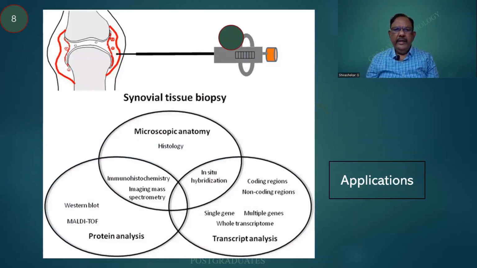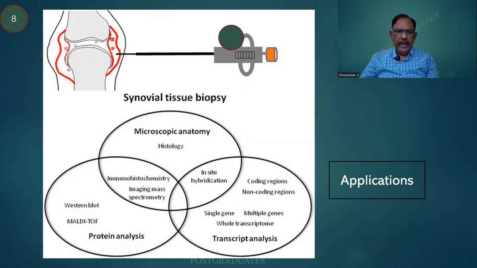This particular slide is of paramount importance, indicating the applications of a synovial biopsy. Even I was of the opinion that histology alone would be of great importance. But then, please have a look at it. There can be an analysis of the proteins. There can be a biochemical analysis as well.